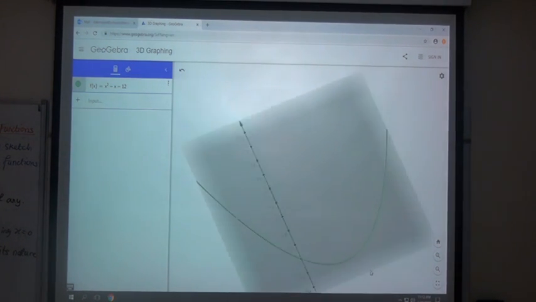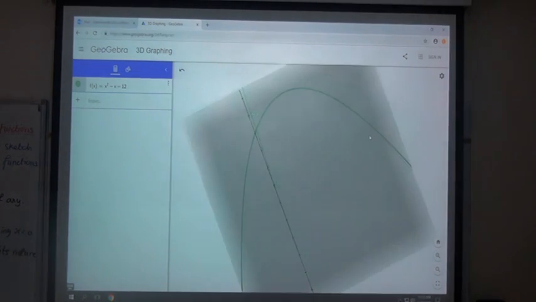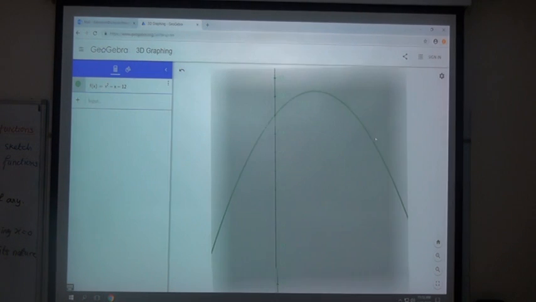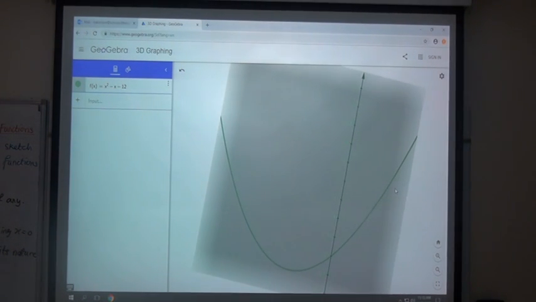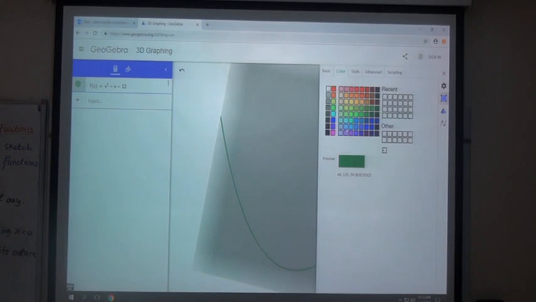Can you see it? Now, I'm trying to show you in 3D so you could see from another perspective entirely. So this point is, maybe I change the color. Let's make it red.